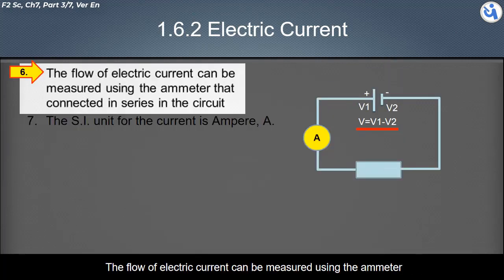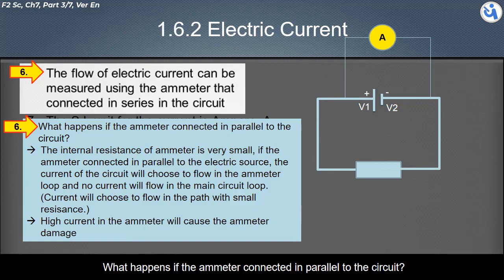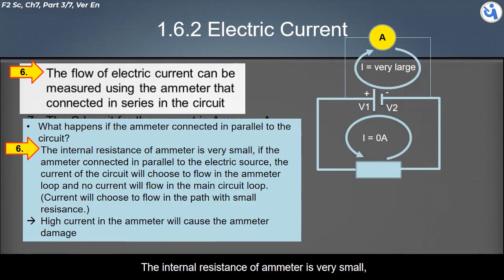The flow of electric current can be measured using the ammeter that is connected in series in the circuit. What happens if the ammeter is connected in parallel to the circuit? The internal resistance of the ammeter is very small. The current of the circuit will choose to flow in the ammeter loop, and no current will flow in the main circuit loop.